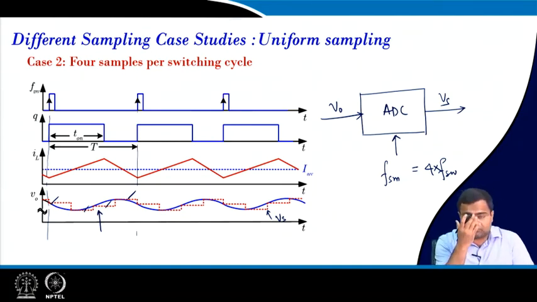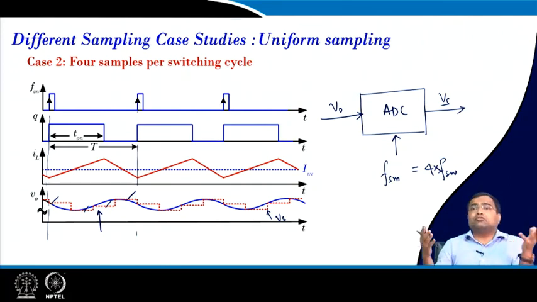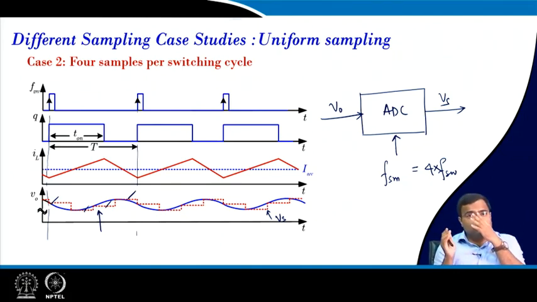So, 4 sample is one case study where the sampling rate can be higher than the switching rate, but whether it is desirable or not, we will show some MATLAB case study going forward, to see what can be the implication on stability when such 4 samples are considered, because you will find any small deviation in the duty ratio may lead to a high periodic nonlinear behavior because of this multi-sample.